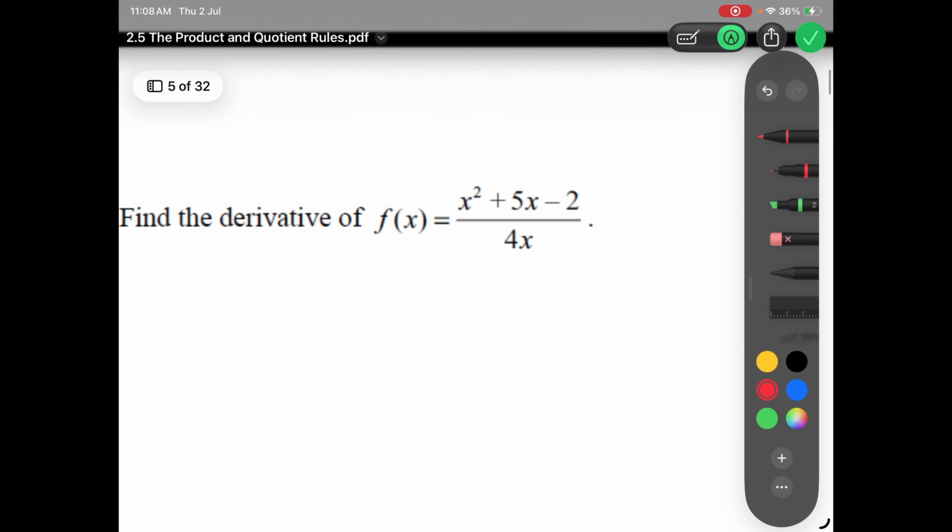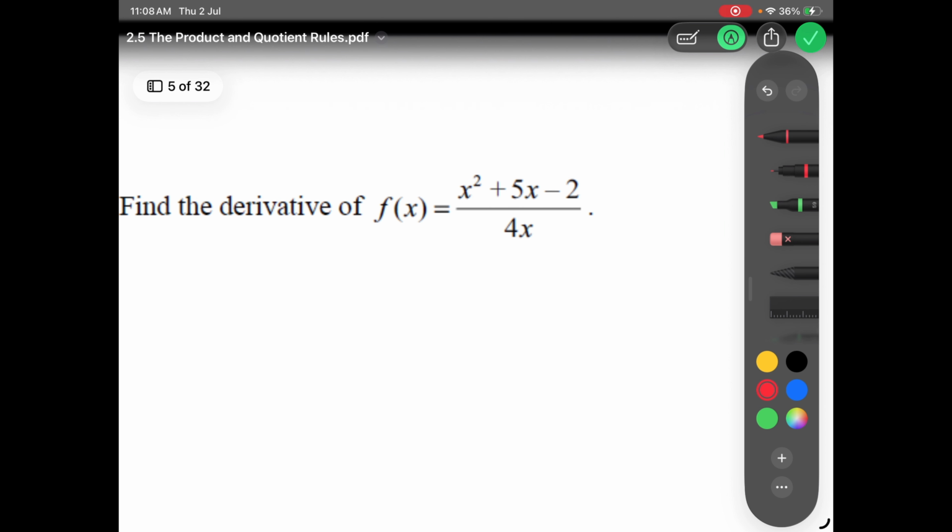Next, what I have here, guys, I have f of x equal x squared plus 5x minus 2 divided by 4x. And here, guys, what we can do, we can apply the quotient rule.